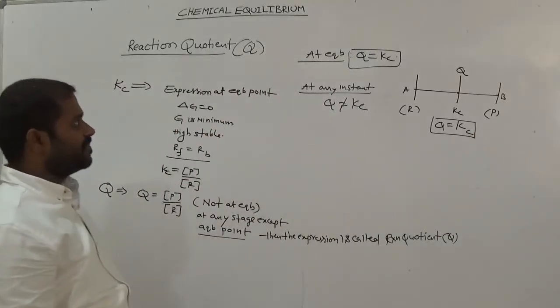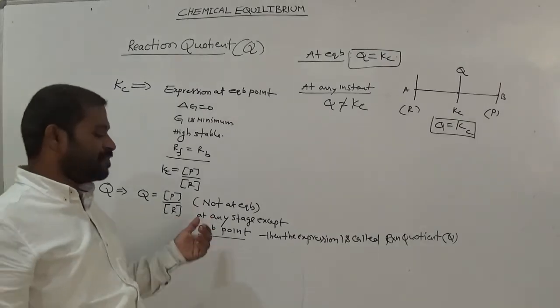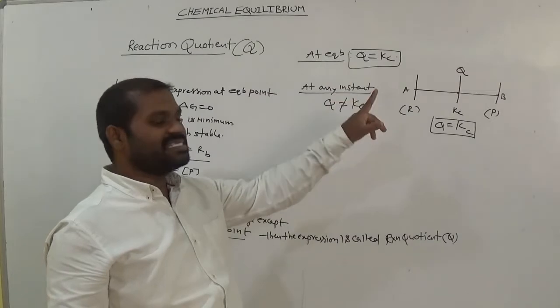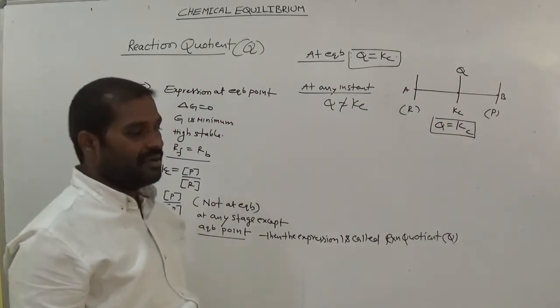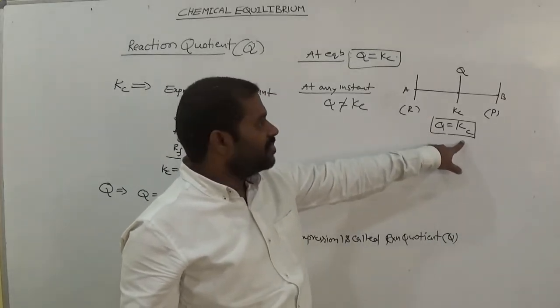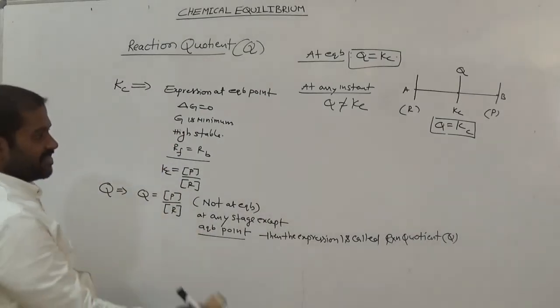Is it clear? So reaction quotient is the equilibrium expression at any instant of time except equilibrium. But in the case of Q equals Kc, both are at the same condition.